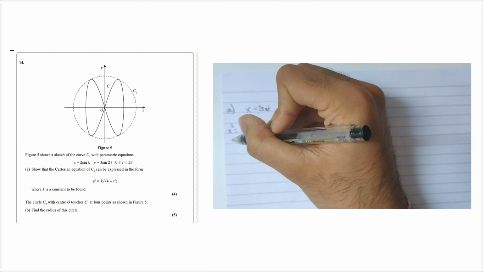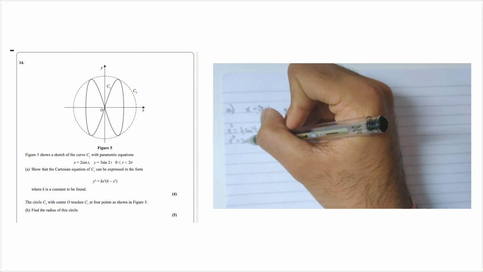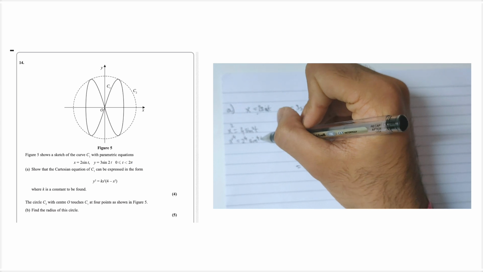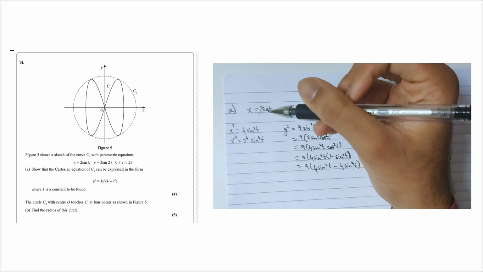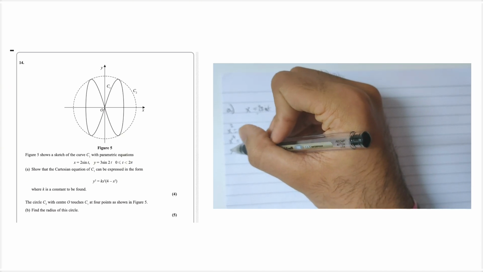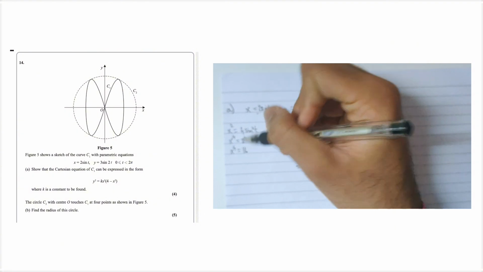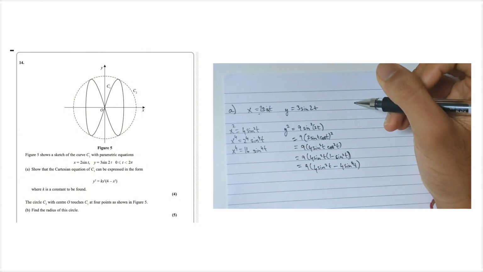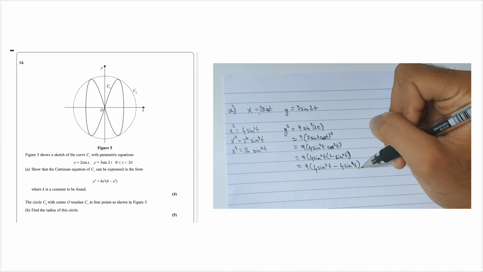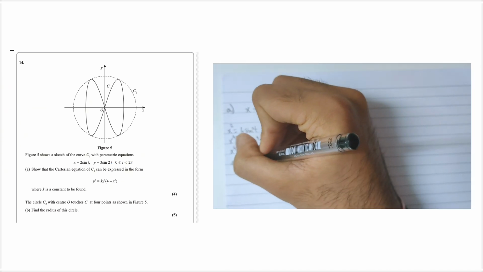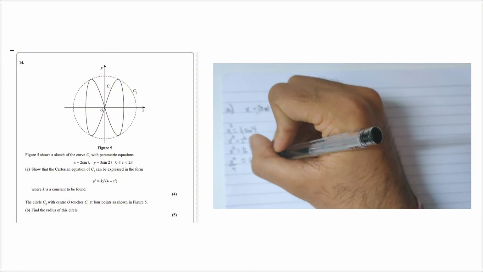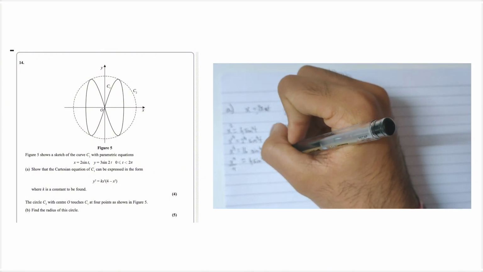So x to the power of 4 equals 2 to the power of 4 times sine to the power of 4t, which is equal to 16 sine to the power of 4t. And since we want 4 sine to the power of 4t, you could just say x to the power of 4 over 4, so divide both sides by 4, equals 4 sine to the power of 4t.